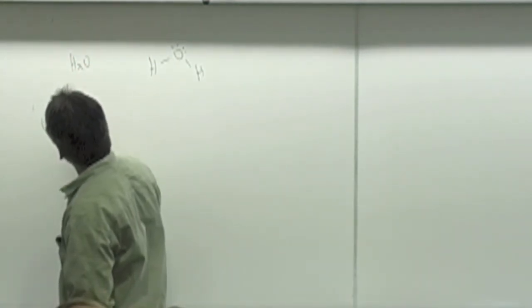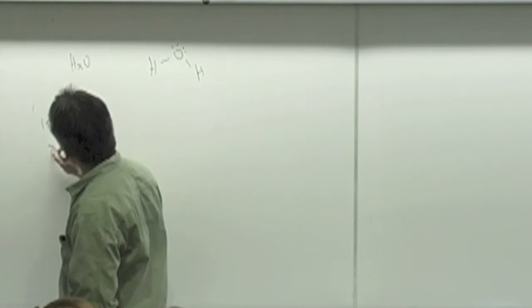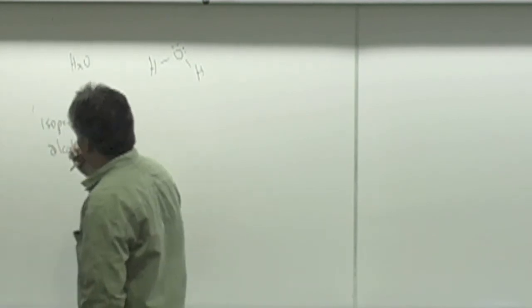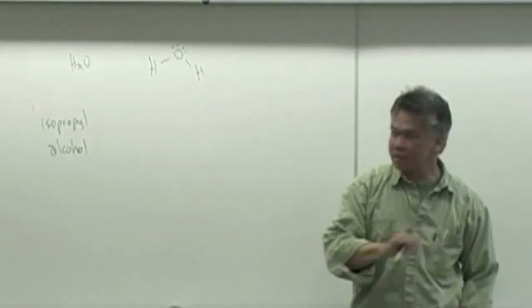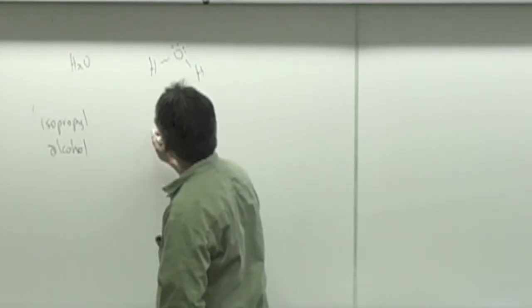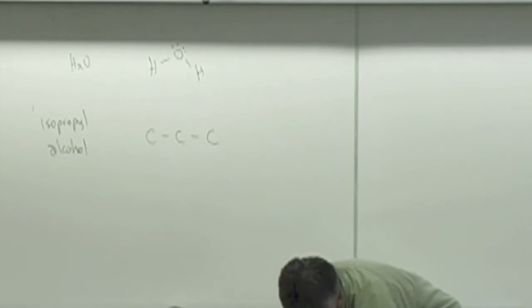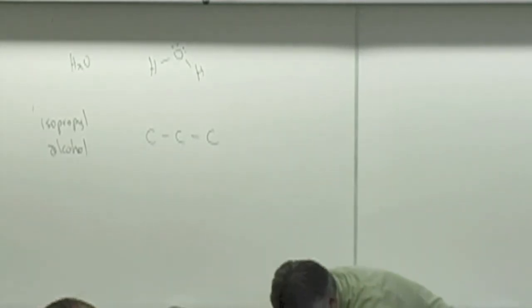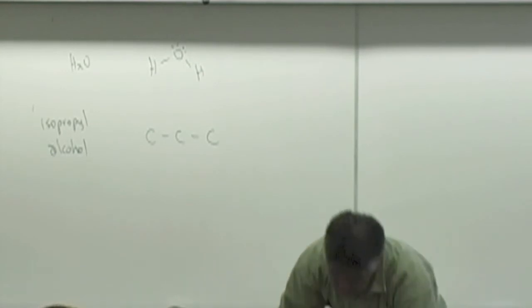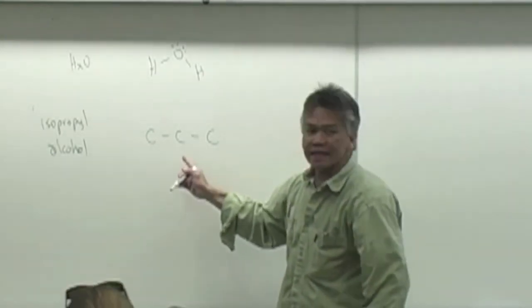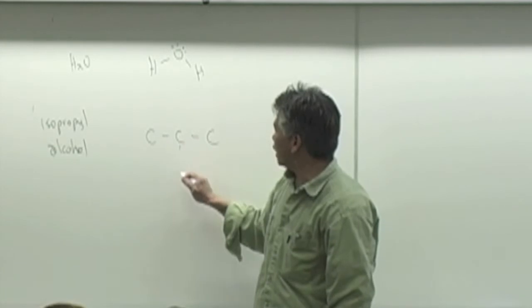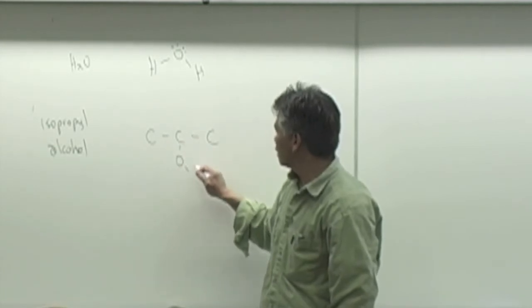Isopropyl alcohol has 3 carbons. I will also have the molecular model. It has 3 carbons, and the center carbon has an OH group on it.